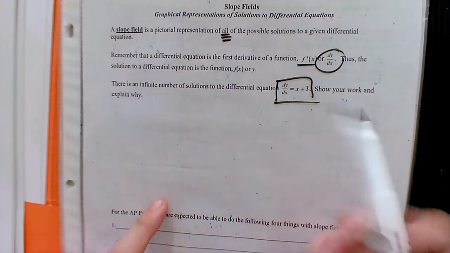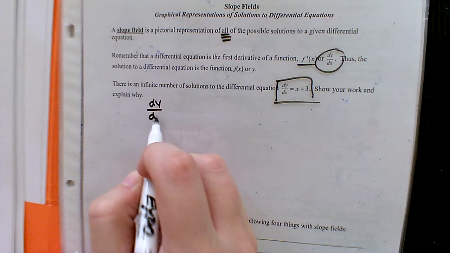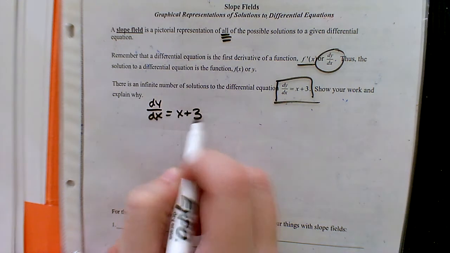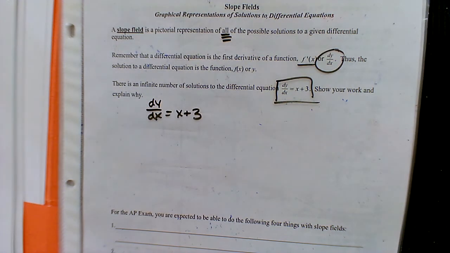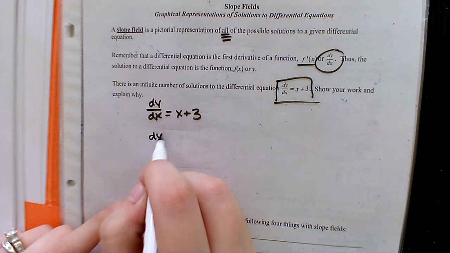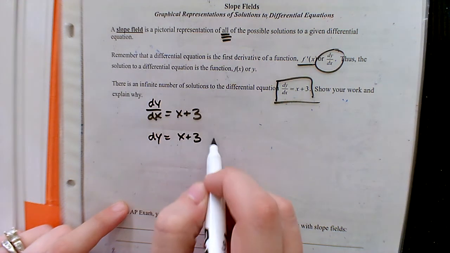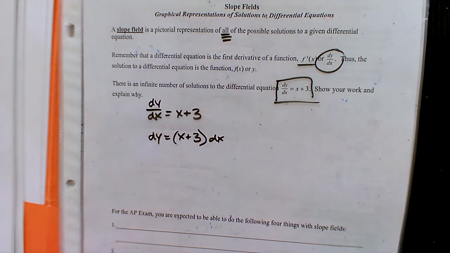So let's just start with this first one. How might we want to work backwards from dy over dx equals x plus 3? Can we integrate? Yes, we should. What do you want to do first? I see a y variable, I see an x variable. Dx on the right. We're going to separate, yep. dy equals x plus 3, and then dx.